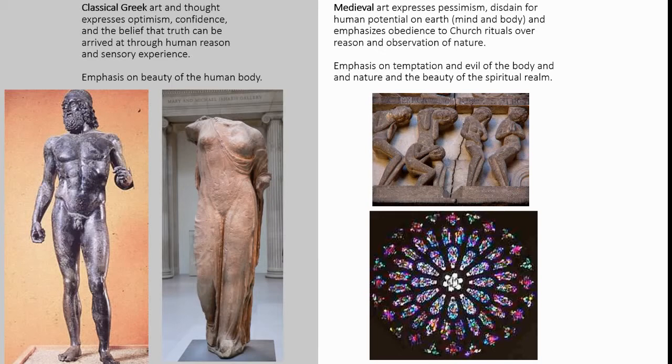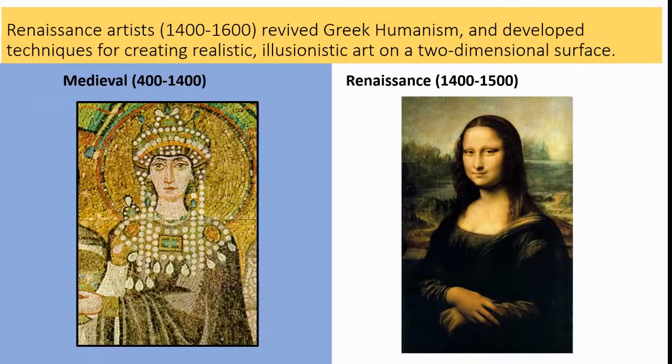Later on in the medieval period, starting around the 400s up to 1400, medieval Christianity kind of took an opposite view, that the human body was full of sin and temptation and the natural world was evil, and we should focus on the spiritual, and their art, medieval art, tended to be more abstract and less realistic, less based on observation.